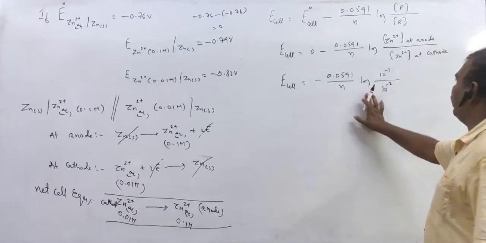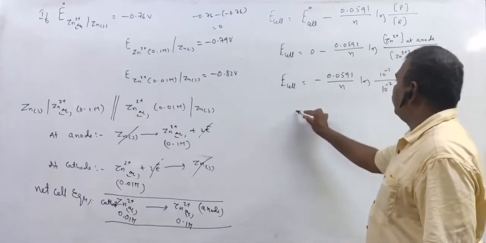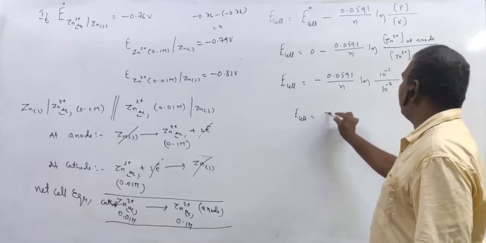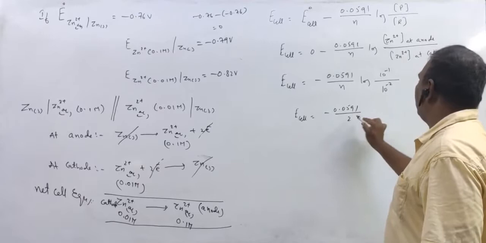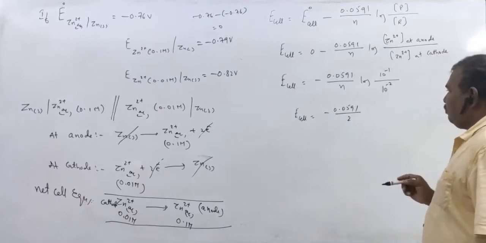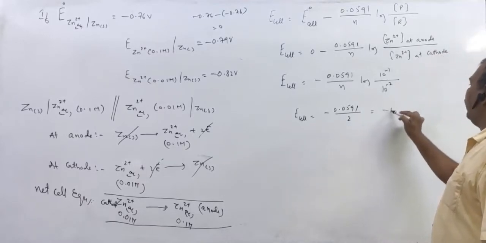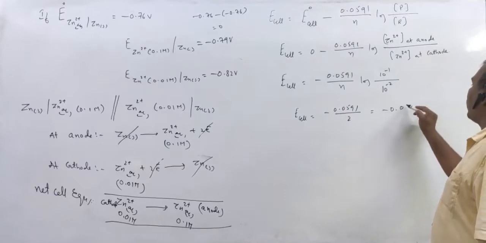Log 10 value is 1. So, E cell is equal to minus 0.0591 by 2, approximately minus 0.03 volts.